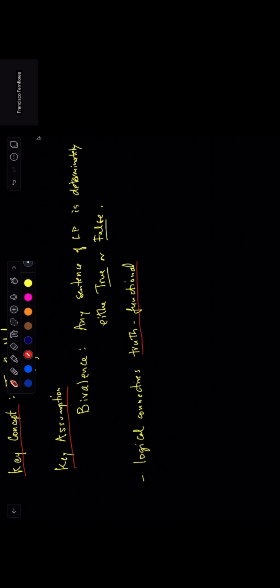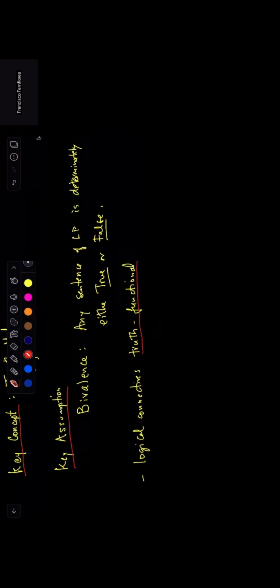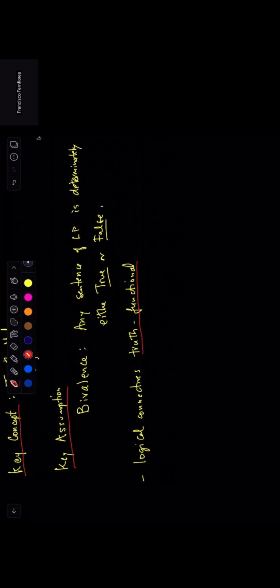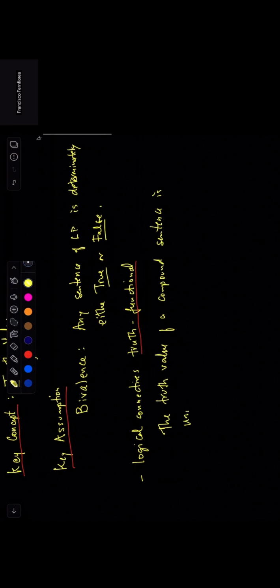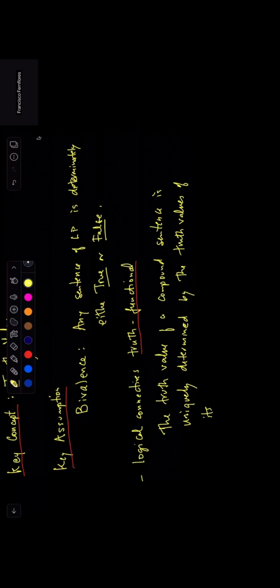What that means is that if we have a compound sentence, the truth value of the compound sentence is uniquely determined by the truth values of its atomic components.